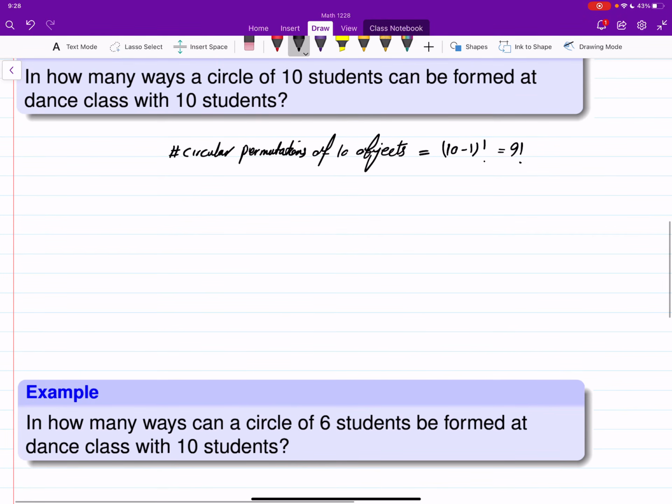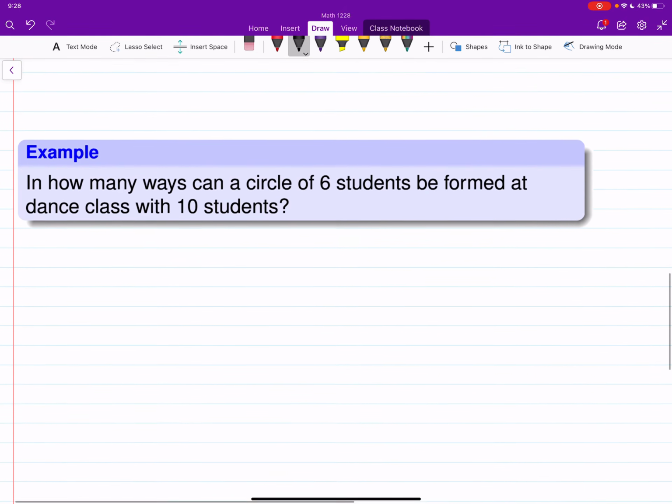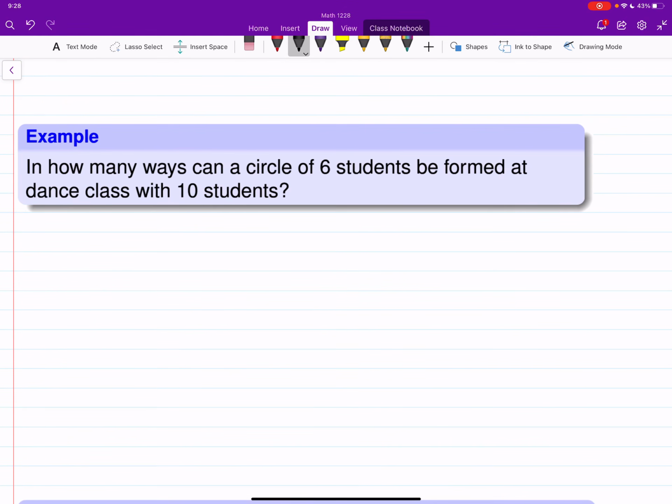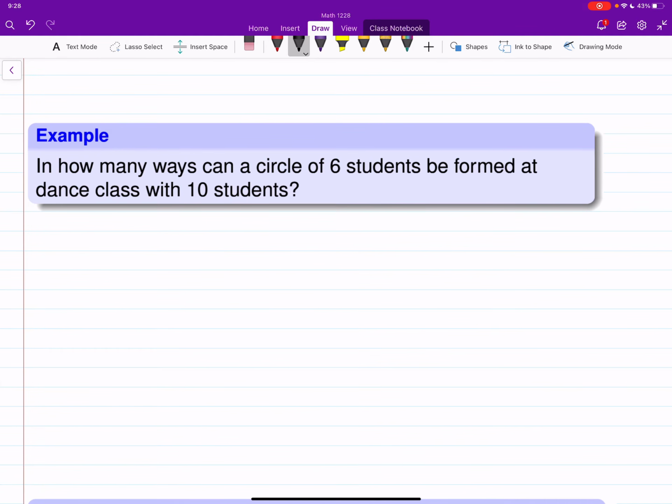Let's do another example. In how many ways can a circle of 6 students be formed? In this case, we are looking for the number of circular permutations of 6 out of 10 objects.